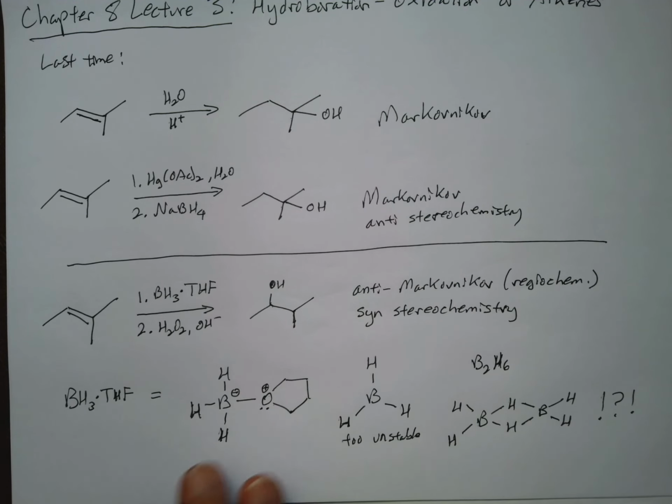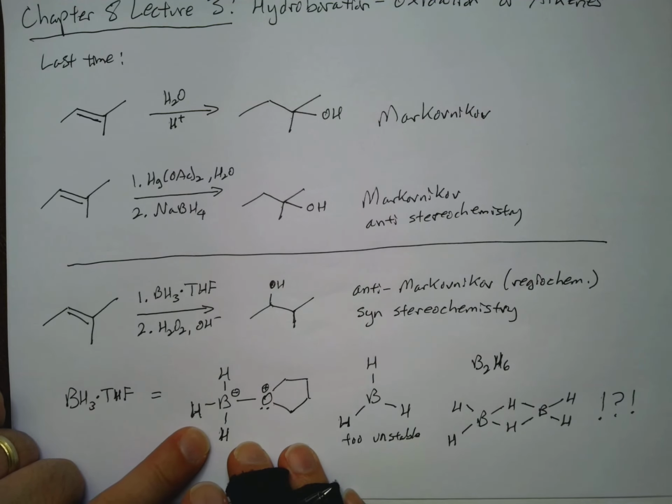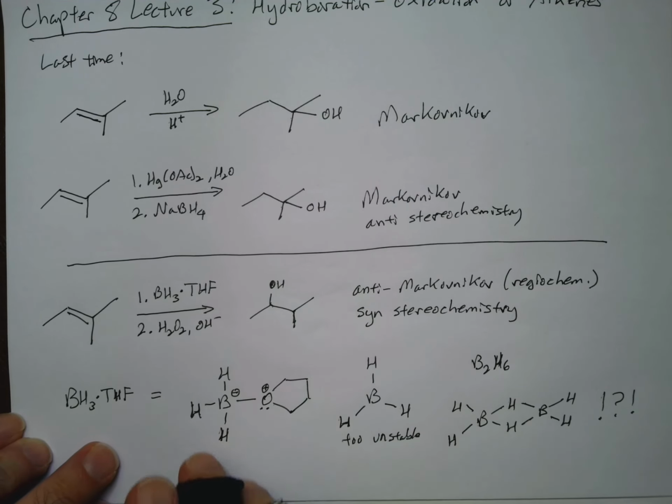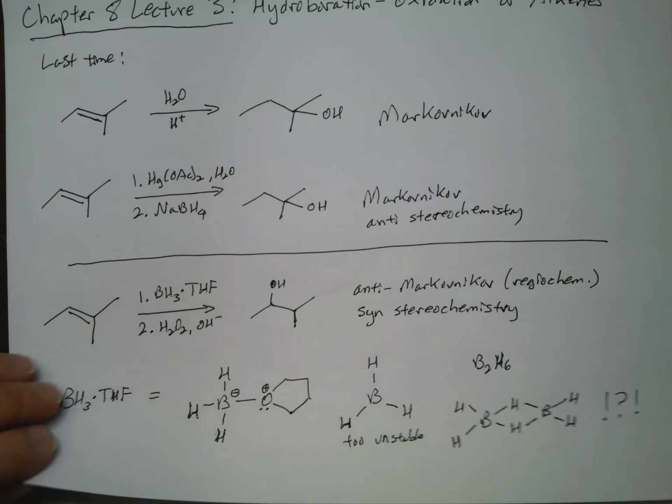Instead, we're going to look at what's going on with our borane, which is what we call BH3, when it adds to our alkene. So let's take a look at this mechanism.